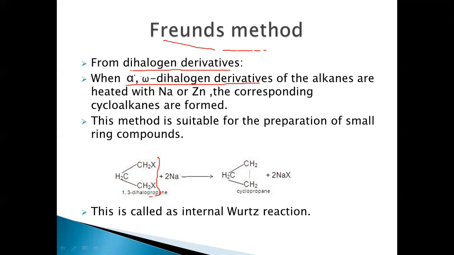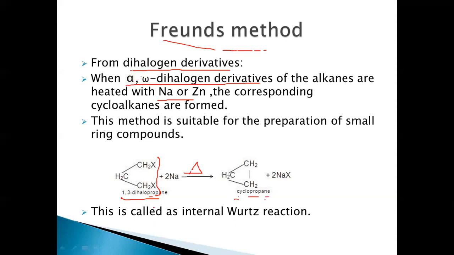That means alpha is the first position and omega is the last position. Therefore, the halogen atom is present on the first and the last carbon atoms of the open chain molecule. When this dihalogen derivative is treated with sodium or zinc and heated, heating shown by the delta sign, we get cycloalkanes.